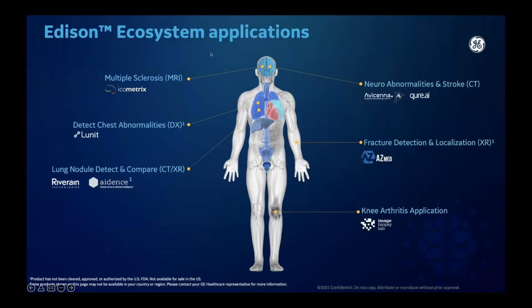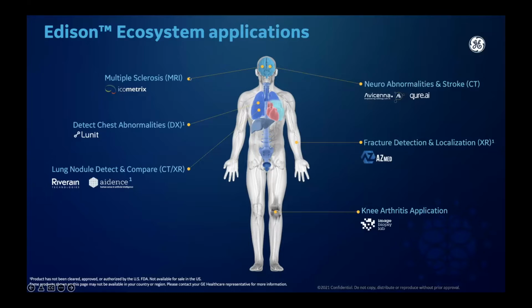Those are different applications that can run as AI. I can develop models and do inference with those models. For example, I can have a model that identifies multiple sclerosis, a model that identifies abnormalities and strokes in the head, another one that detects chest abnormalities, and so on and so forth.